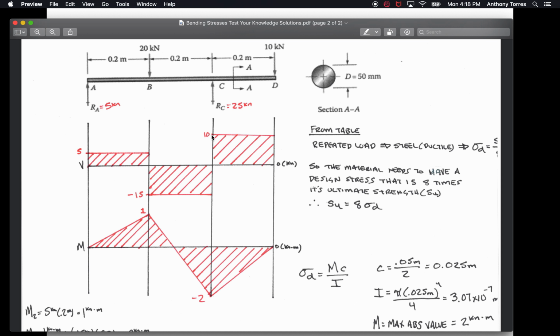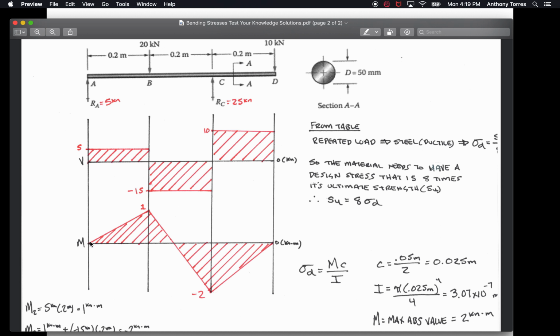Okay, now the moment diagram also starts at 0, just like the shear diagram. I know that it's a line going upwards positively because it's a positive shear area, a square. The magnitude is determined by 5 kilonewtons times 0.2 meters, which is done right here: 5 kilonewtons times 0.2 meters equals 1 kilonewton meter.